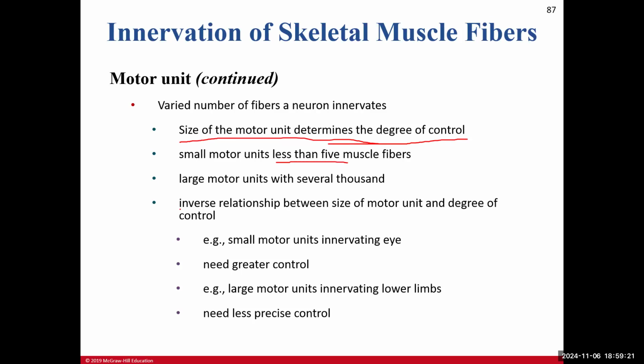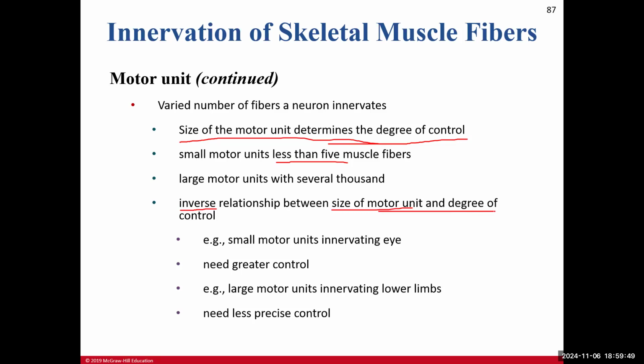That's what this is. This is another one of those inverse relationships here. Okay? So the size of the motor unit and the degree of control. So like I said before, a small motor unit has a larger degree of control. A large motor unit has less of a degree of control. So in your hands, pretty dexterous, I hope. Think about what surgeons do.